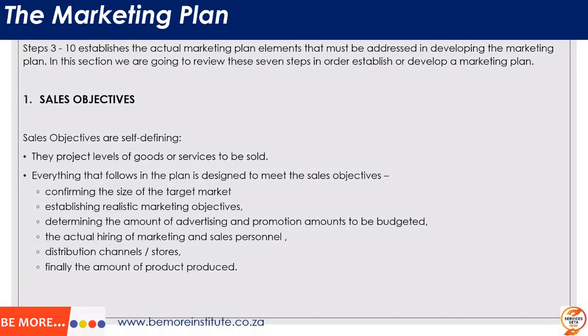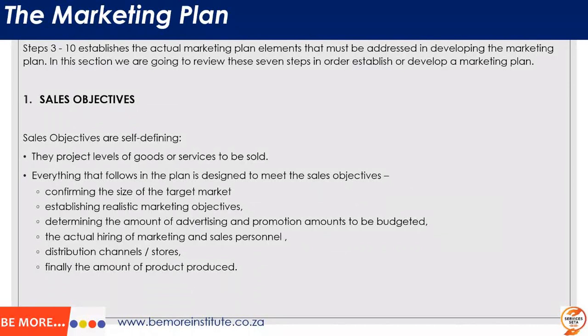You need to establish realistic marketing objectives. You determine the amount of advertising and promotion to be budgeted for, the actual hiring of marketing and sales personnel, the distribution channels to be used, and finally the amount of product to be produced.